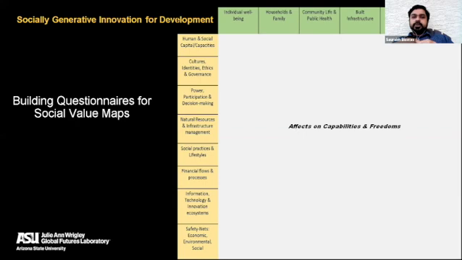So for an individual, how does this translate into capabilities and freedoms that let them pursue beneficial outcomes? Several questions can be framed using this table at the intersection of one or more elements, right?